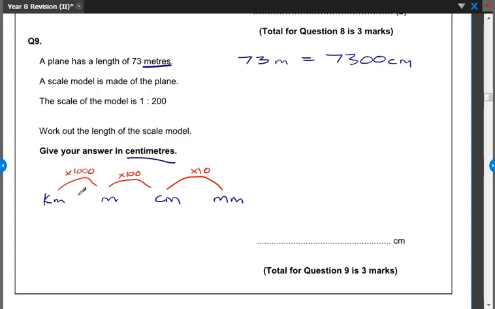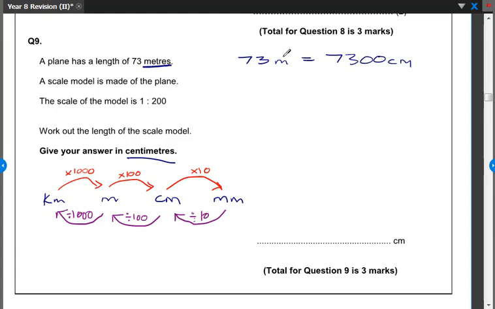So this is kind of counterintuitive because a kilometer is actually 1,000 times bigger than this, right? But it looks like we're saying the opposite, but anyway. And to go from millimeters to centimeters, obviously divide is the exact opposite. Divide by 10, divide by 100 and divide by 1,000. You don't have to write this down, it's just to explain.